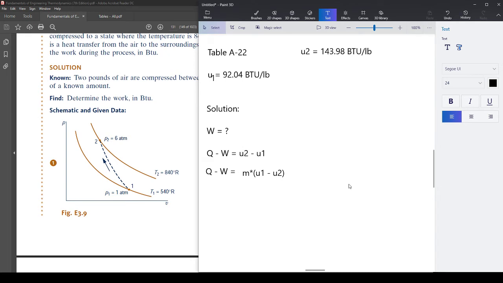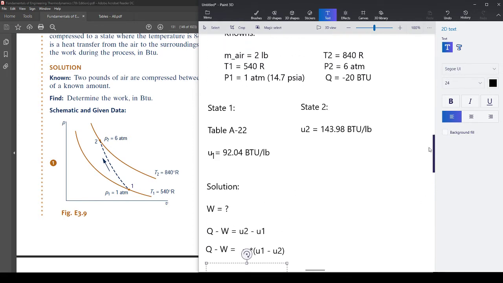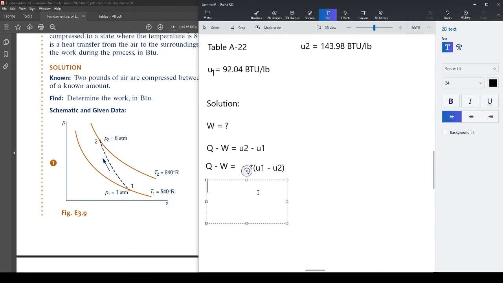So if that is our equation, now all we have to do is fill in our problem, right? So we were given Q in the question to be minus 20 BTUs. So minus 20 BTUs minus, let's go ahead and just make work a variable, right?